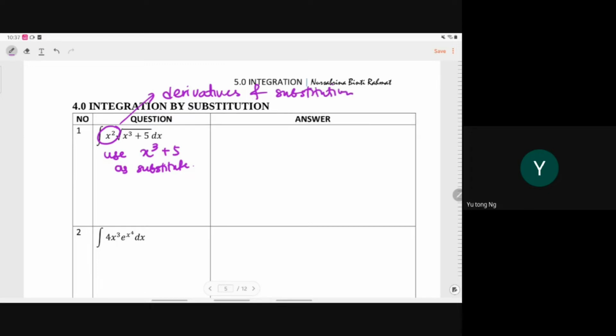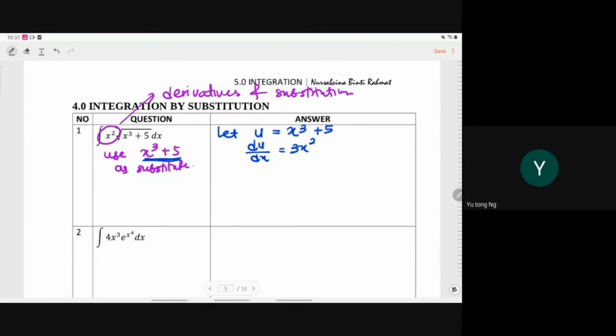So how to answer this question? Let's say dia kata use x cubed plus 5 as the substituted. So we're going to let u equals x cubed plus 5. When you differentiate this one, du/dx, you get 3x squared. And in the question, we have integral x squared square root of x cubed plus 5 dx.